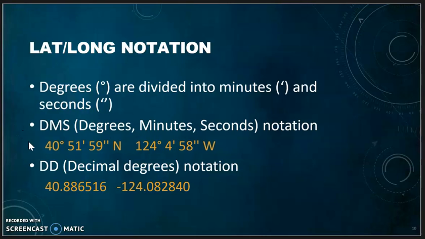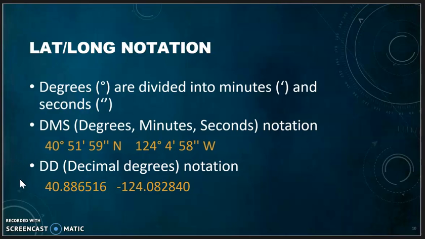And so when we're writing our lat and long out in degrees, minutes, seconds, this is what it's going to look like. So this is going to be 40 degrees of latitude, 51 minutes and 59 seconds north. And then we have our 124 degrees longitude, 4 minutes, 58 seconds west.